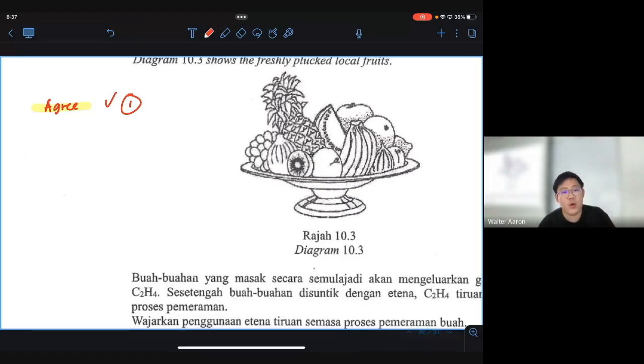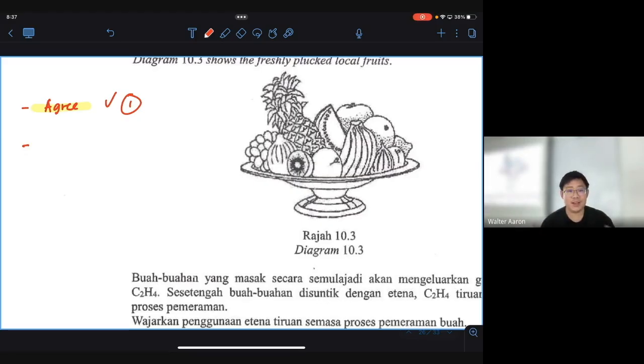So why do we want to cause the fruit to ripen faster? Anyone? Why do farmers choose to use artificial ethene to cause the fruit to ripen faster? Imagine you are a farmer right now. And I come and promote to you and say, hey, you can use artificial ethene to cause the fruit to ripen faster.